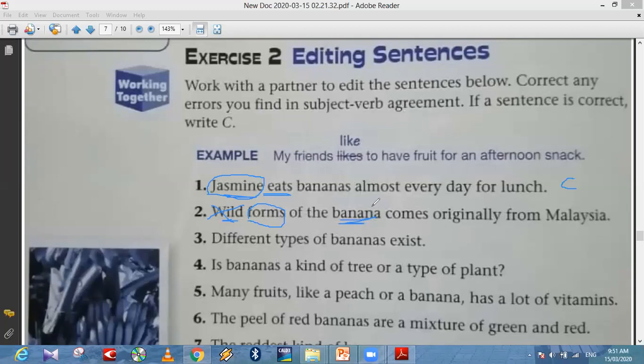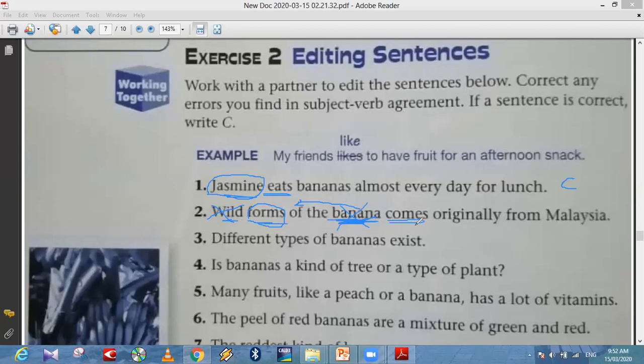Why didn't we consider it as the simple subject of the sentence? This is a prepositional phrase. This is the object of the preposition of. That's right. So wild forms, does this verb comes agree in number with this word forms?